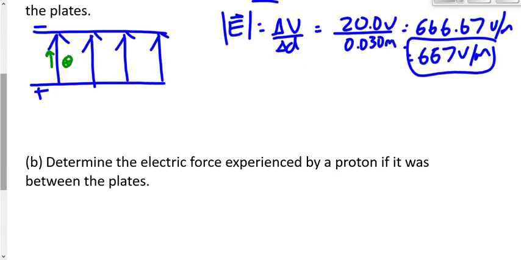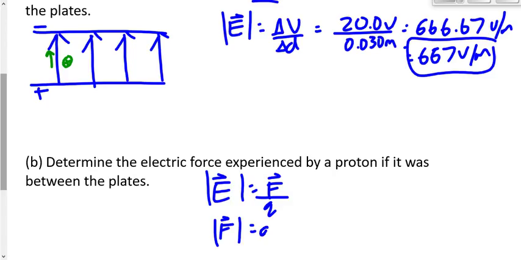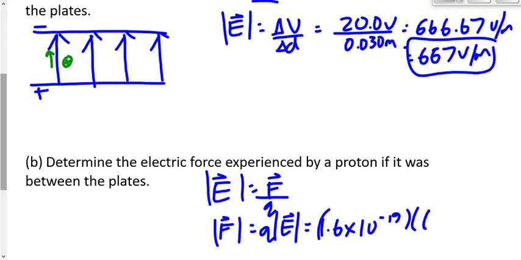Now I want to find the force experienced. Remember, it's a uniform field. I'm allowed to use this equation or the other equation, the experiencer equation, F over Q. So F is equal to Q times E. So we're going to say 1.6 times 10 to the minus 19 times 666.667.